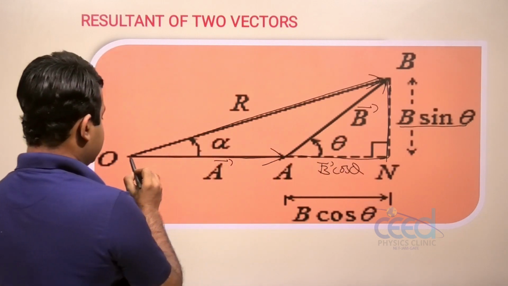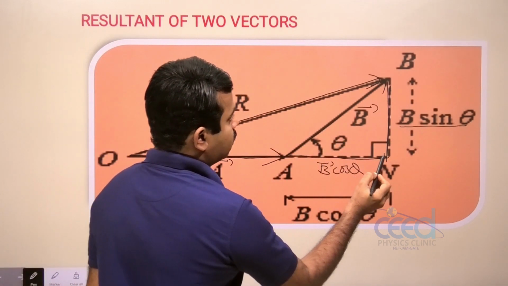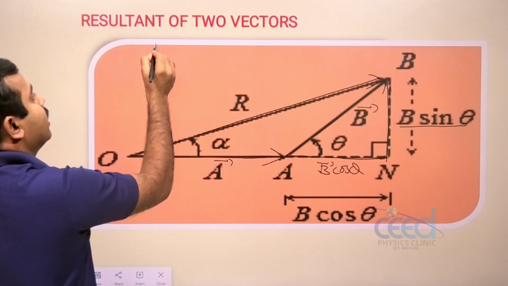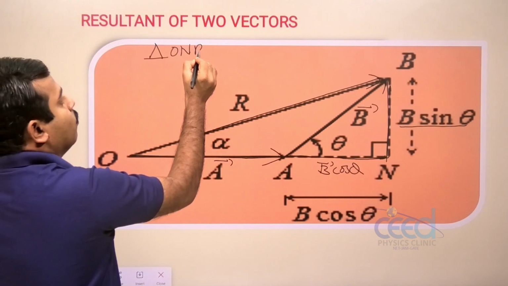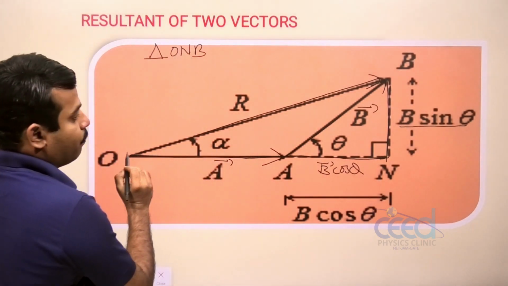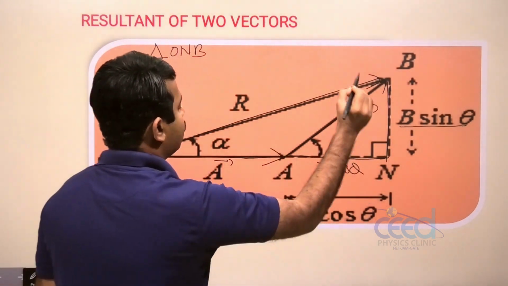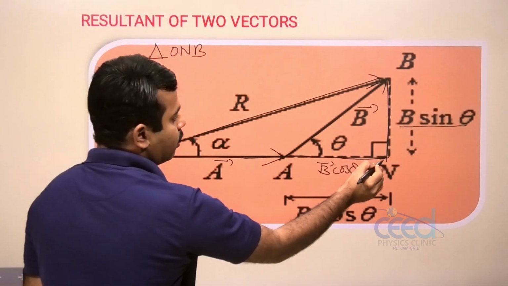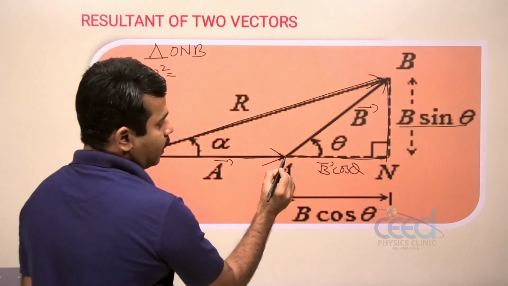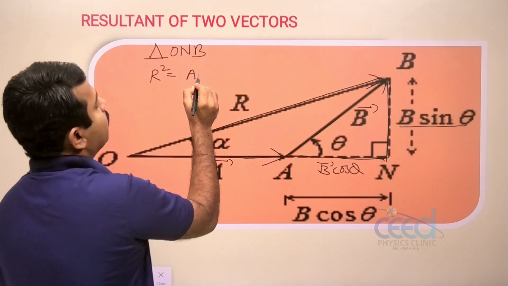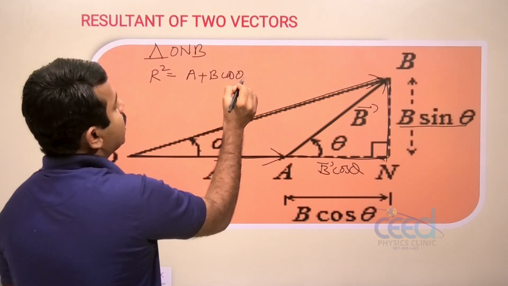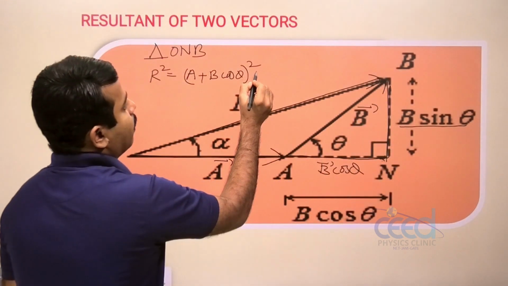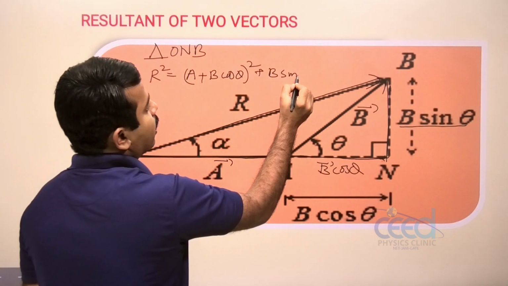Now as I am considering the whole triangle, consider triangle ONB. What can I write? Base square plus altitude square is equal to hypotenuse square. Hypotenuse square is R square. Base square is (A plus B cos theta) the whole square, plus altitude square, which is (B sin theta) the whole square.